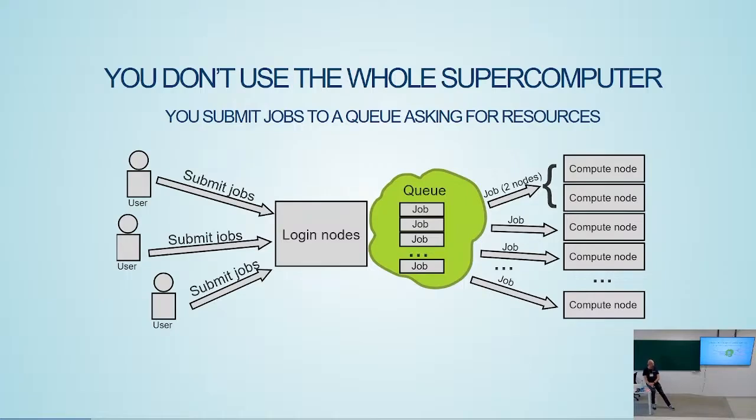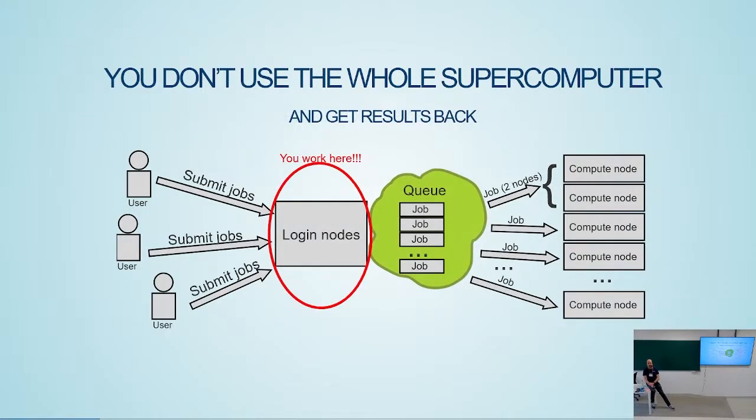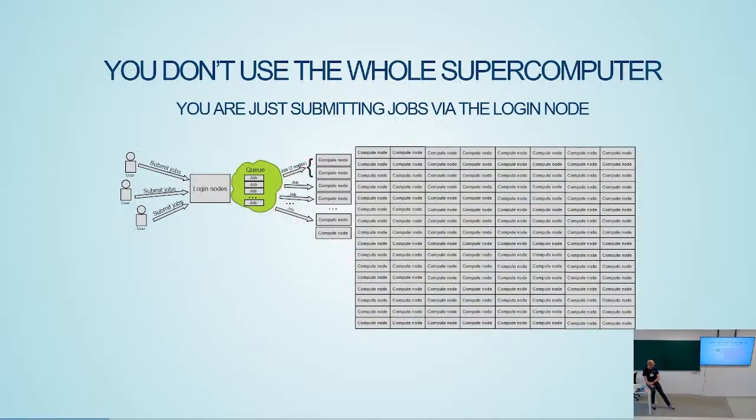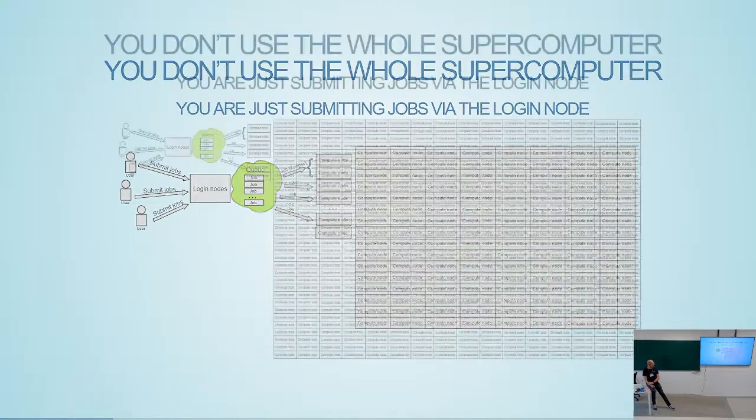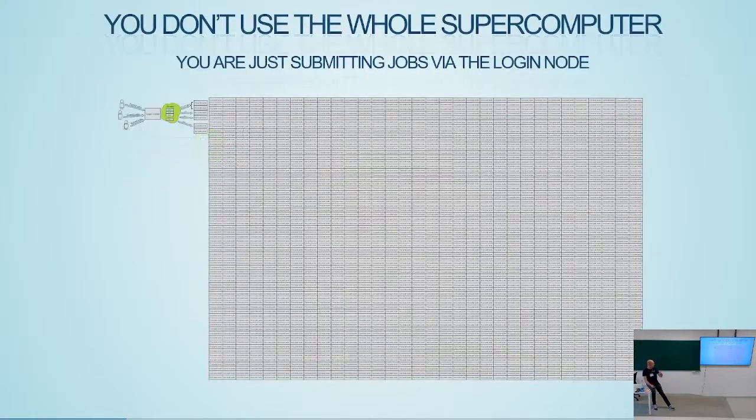When I say batch, it means that you are working on a login node and you send a job to a machine. It is put in a queue, you say I want a number of resources of this machine, and then it sends the job to the right nodes or not.